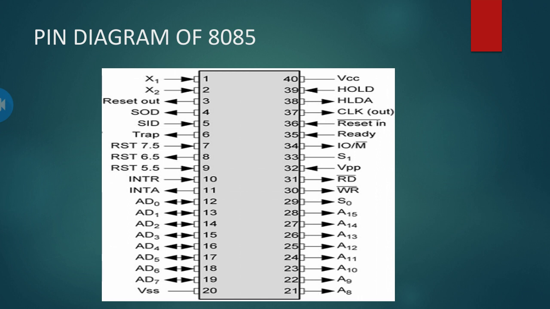I hope it is clear that the ready pin is a signal to tell the CPU that input output devices are now ready and you have to provide service to them. It is a way through which input output devices tell the CPU that they need it. So that is the ready pin.